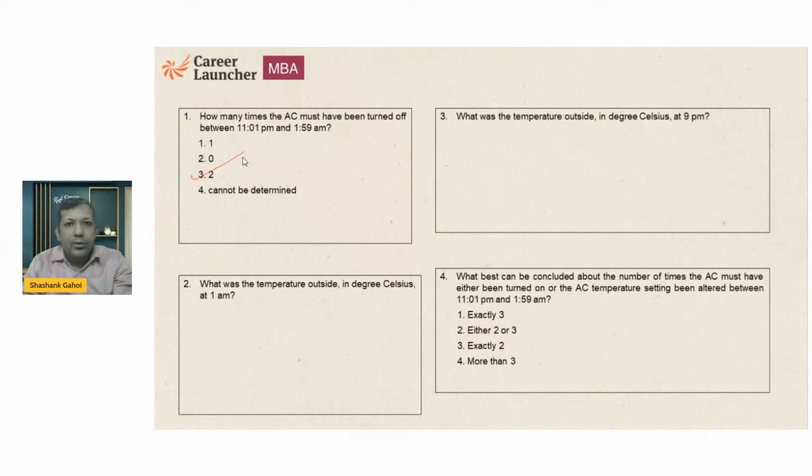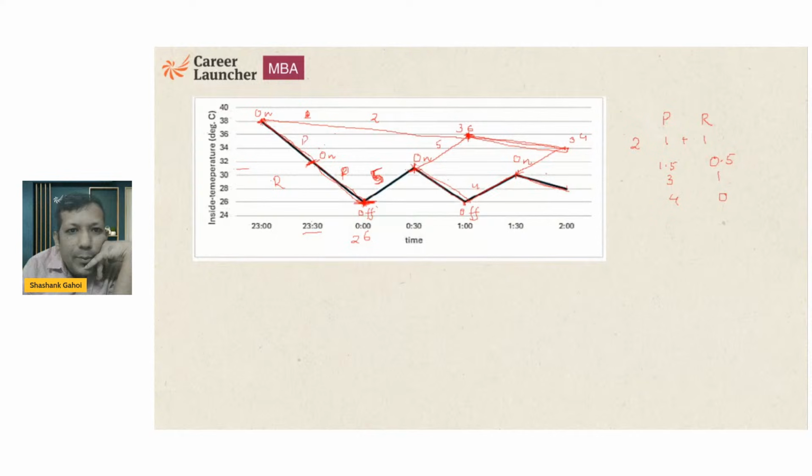What does the next question say? At 1 o'clock, what is the temperature? What temperature is coming here at 1 o'clock? Here from 24, from 26. This temperature is 31, this temperature is 26, so the change is 5.